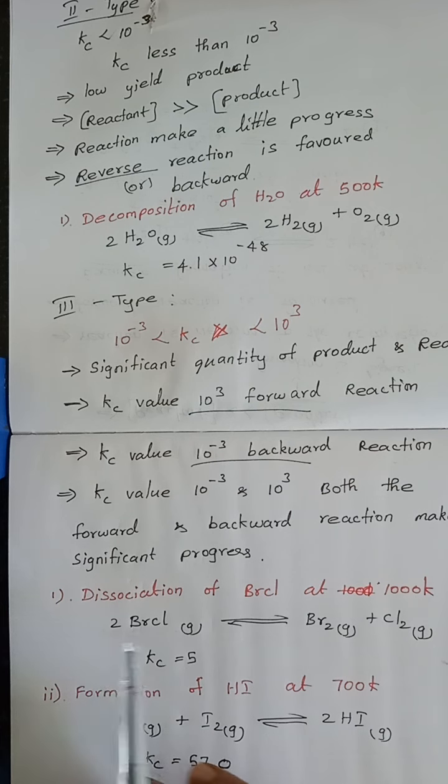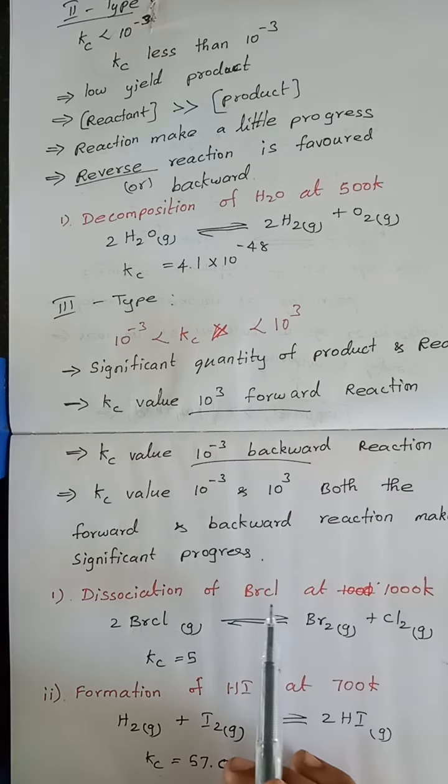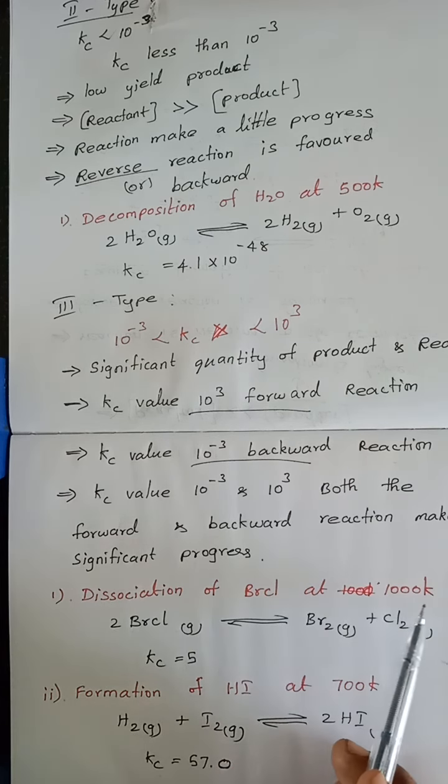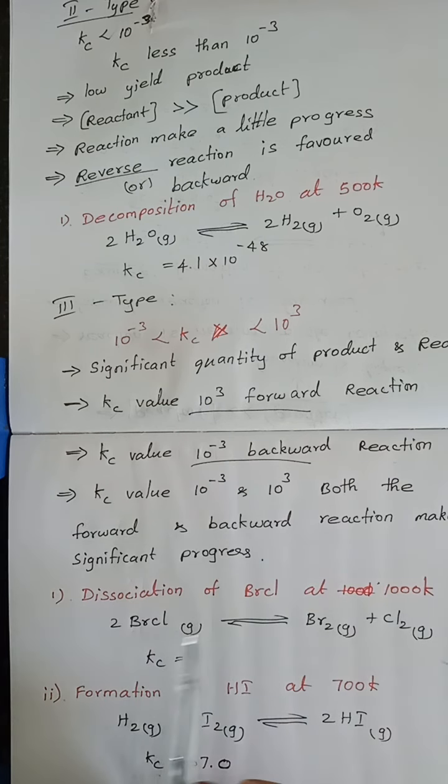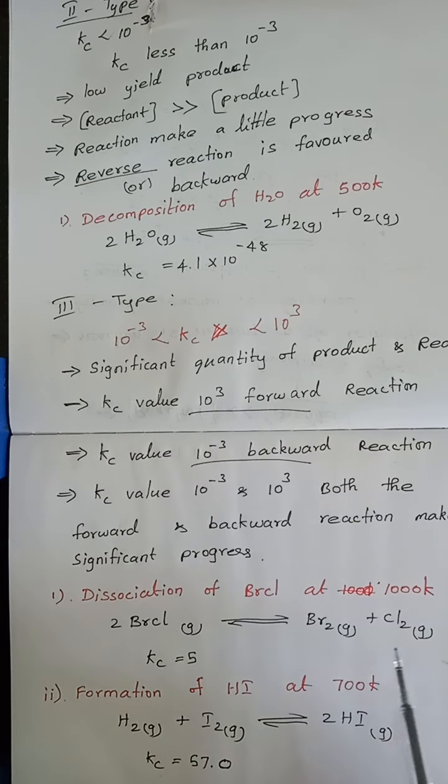The example is dissociation of bromine monochloride at 1000 Kelvin, where 2 moles of BrCl react to form bromine gas and chlorine gas. Okay children, so this is predicting the extent of the reaction.